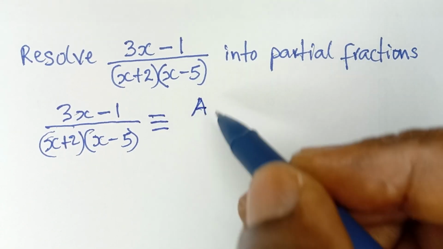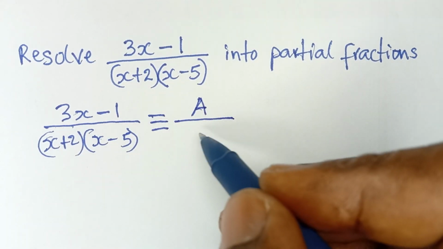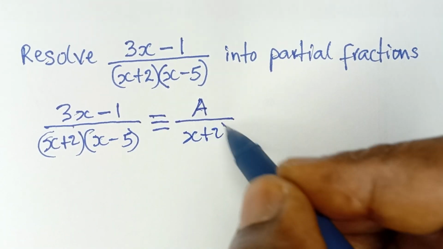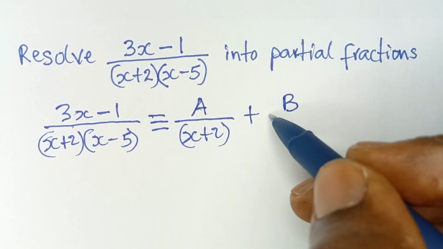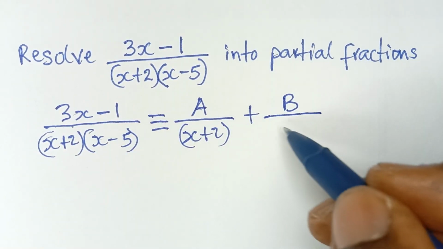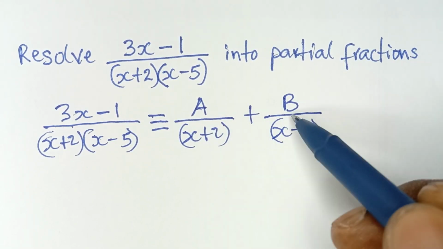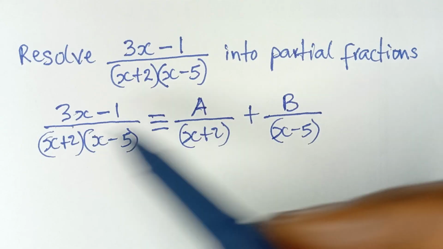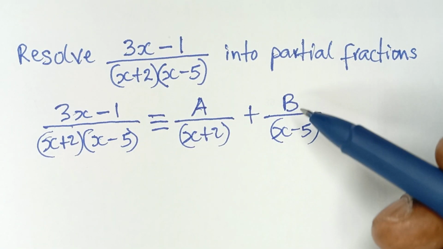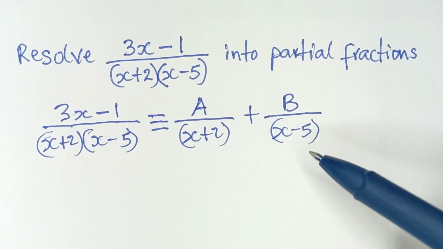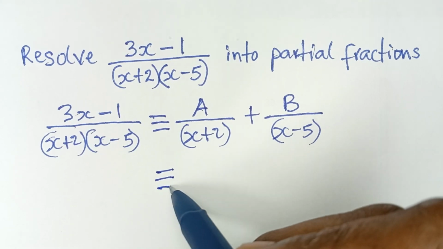Let's call one of them a all over the first denominator, which is x plus 2, and then plus b, which is the second fraction, all over x minus 5. So these two fractions add up together to give us this single fraction. So we want to find the values of a and b so that we can finally resolve them into partial fractions.